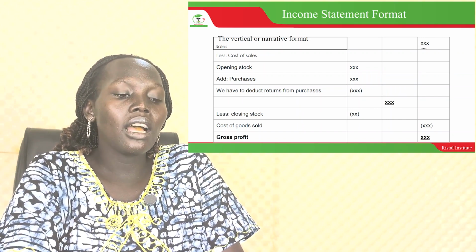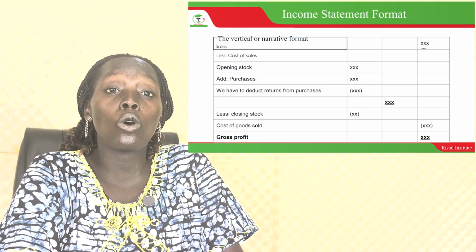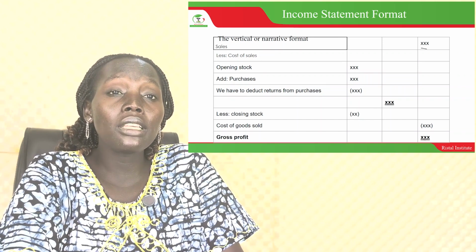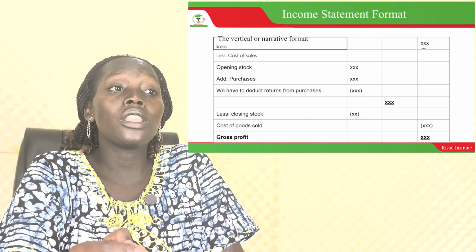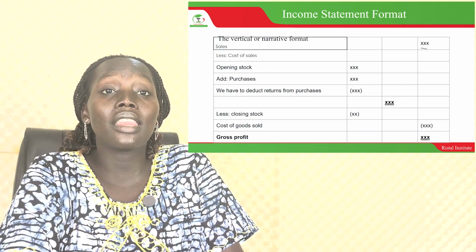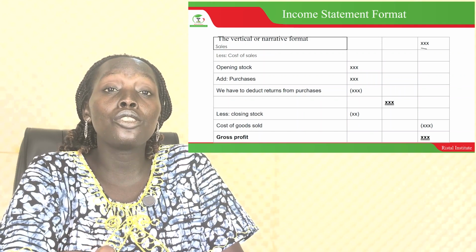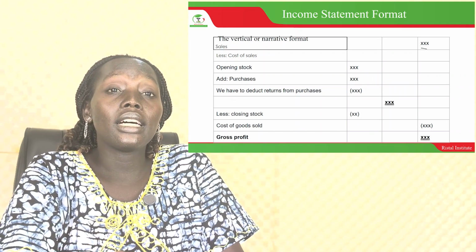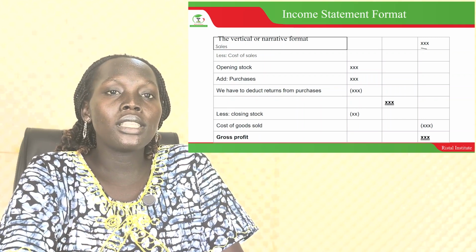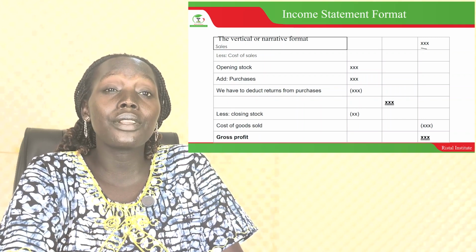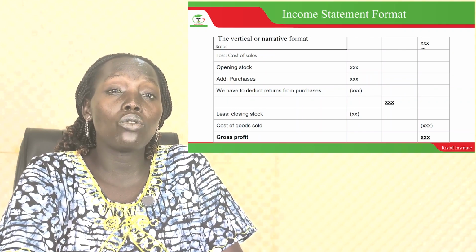Under cost of sales, we have what we call the opening stock. What is opening stock? Opening stock is the stock that you remain with, for instance, in the previous month, because when you're preparing this income statement, you are preparing it for one month, or it can be quarterly, which is three months, or you can prepare for a year, annually.